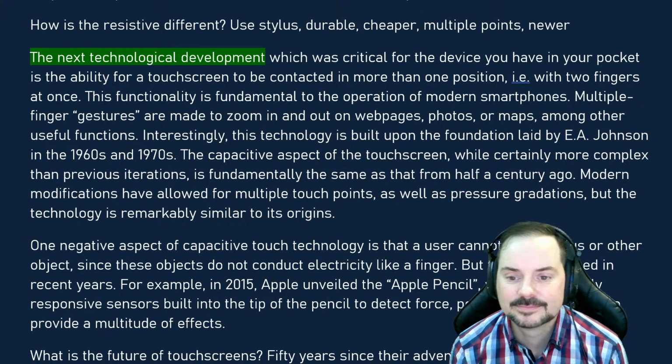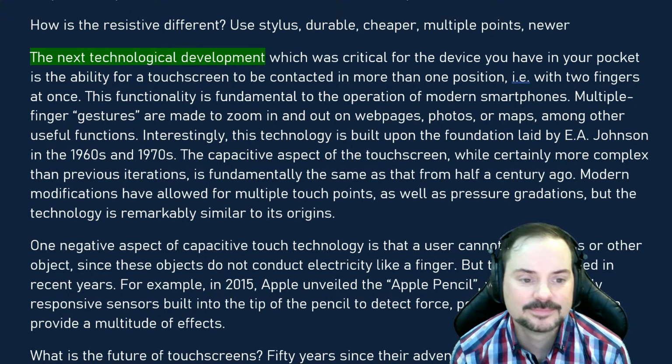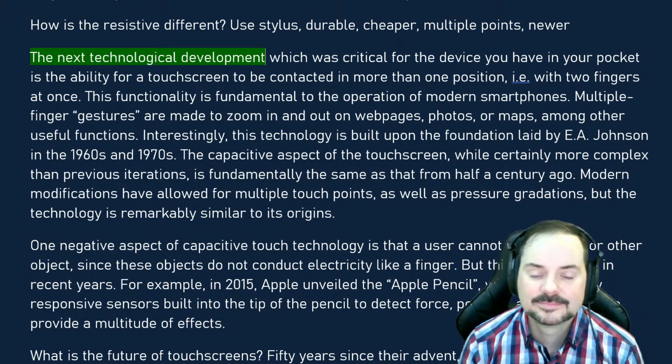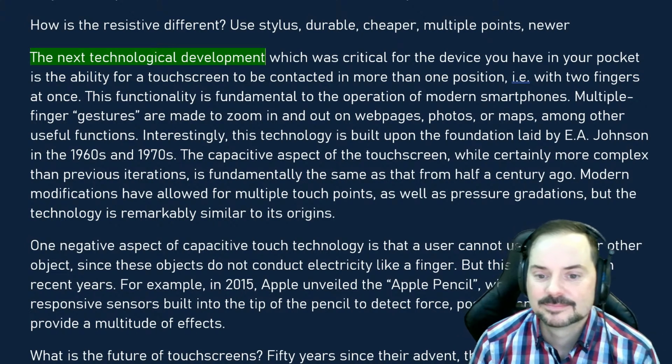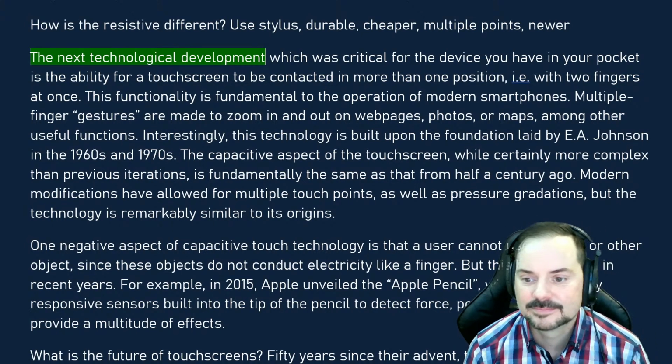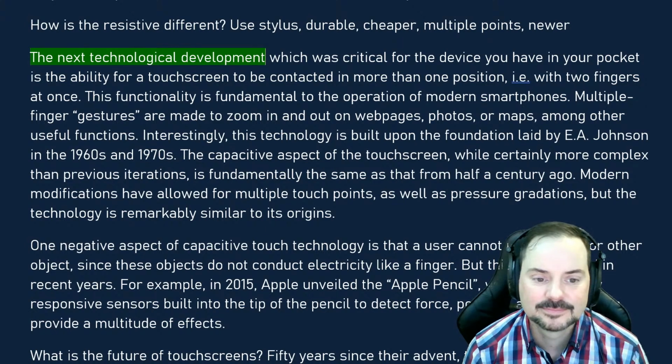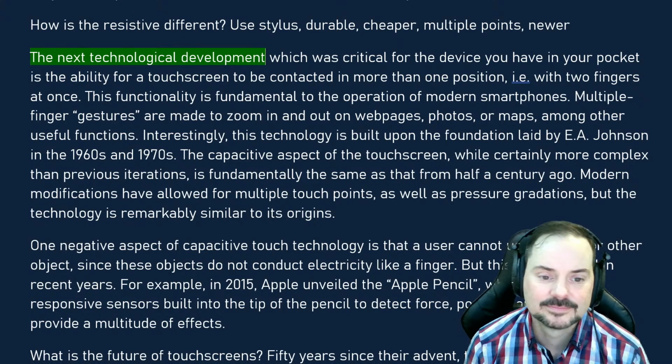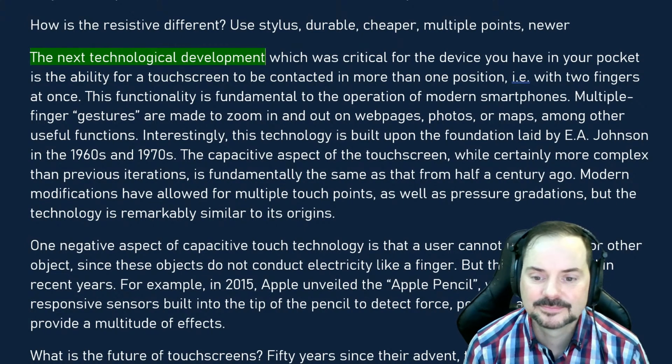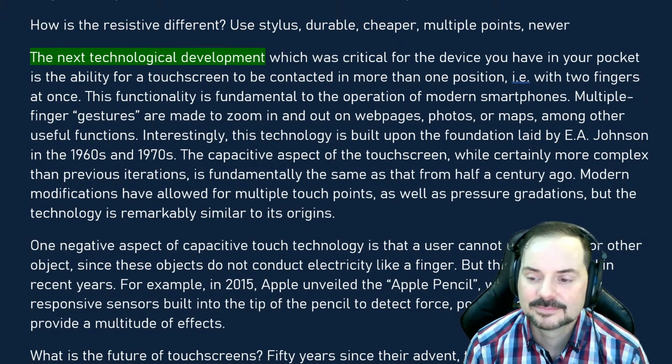Interestingly, this technology is built upon the foundation laid by E. A. Johnson in the 1960s and 1970s. The capacitive aspect of the touchscreen, while certainly more complex than the previous iterations, is fundamentally the same as that form half a century ago. Modern modifications have allowed for multiple touch points as well as pressure gradations, but the technology is remarkably similar to its origins. Very good.